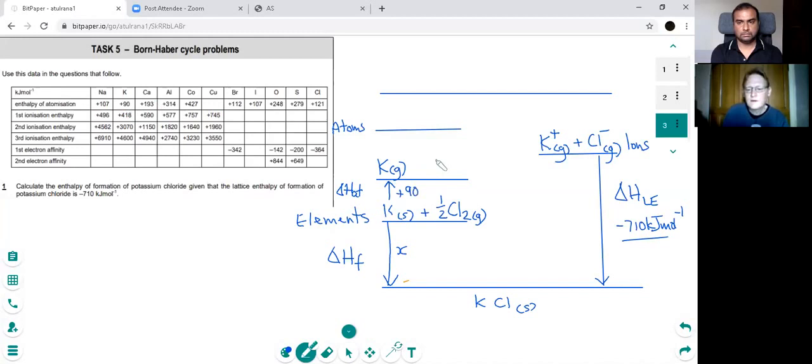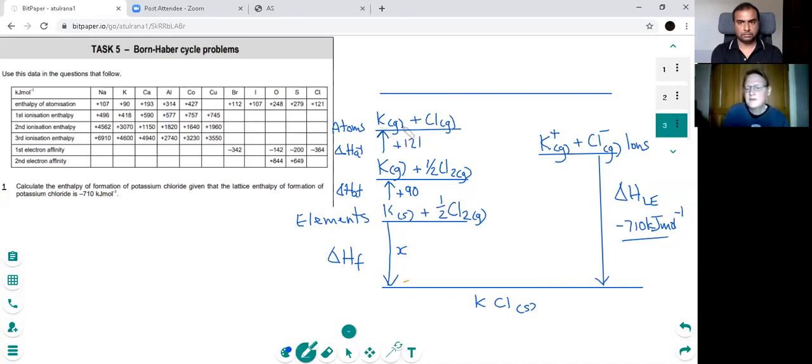We've still got our chlorine, and then we need to turn the chlorine molecule into a gaseous atom. That's the atomization of chlorine, which from the table is plus 121.